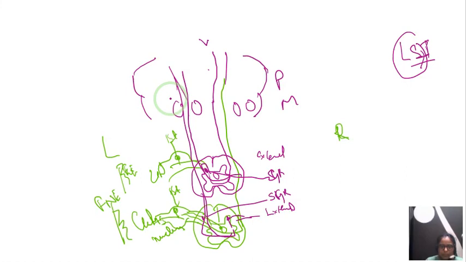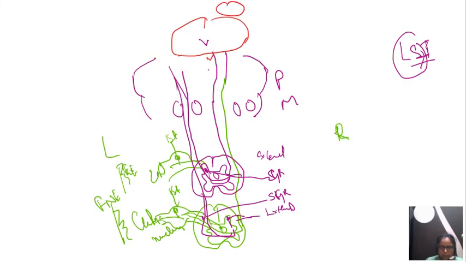Let's take another pen, otherwise this diagram will be very confusing. Fine. So this is your midbrain level, and here is our cerebral aqueduct.